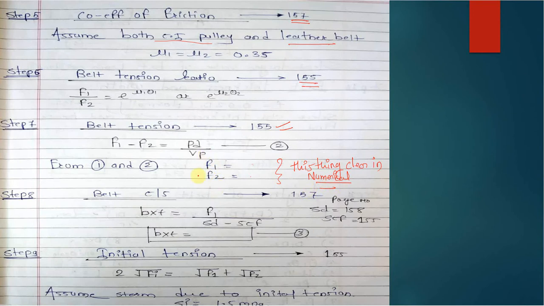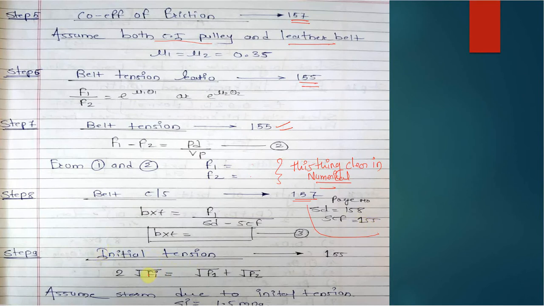Then step number 8, belt cross section, page number 157. Here the formula is given on page 157. SD value is on page 158 and SCF value is on page 155. Now the 9th step is initial tension.